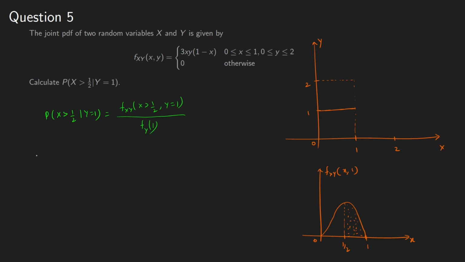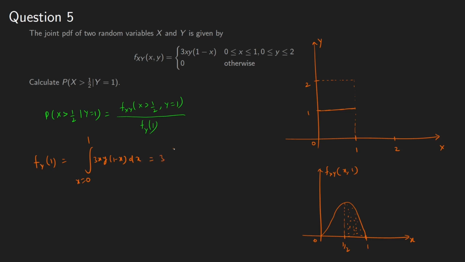For calculating the marginal at 1, we can integrate from x equals 0 to 1. We will integrate 3xy times 1 minus x dx. We integrate with respect to the other random variable x.